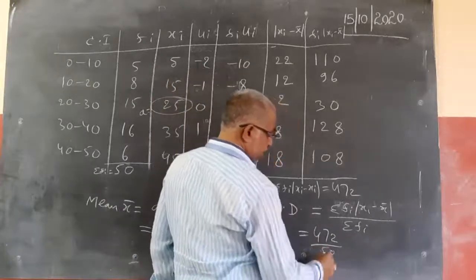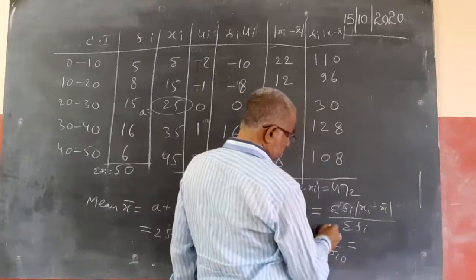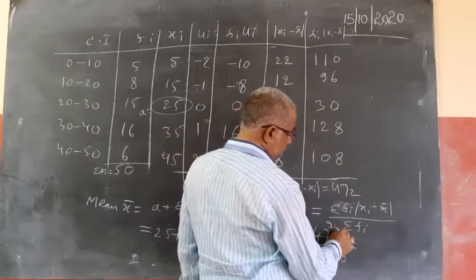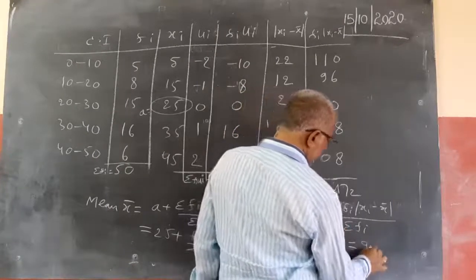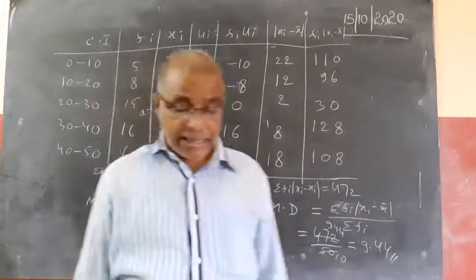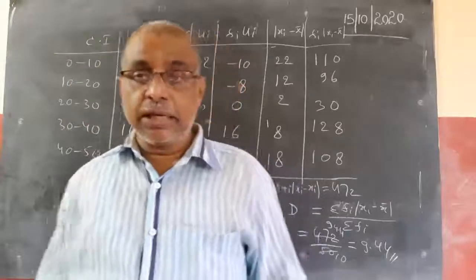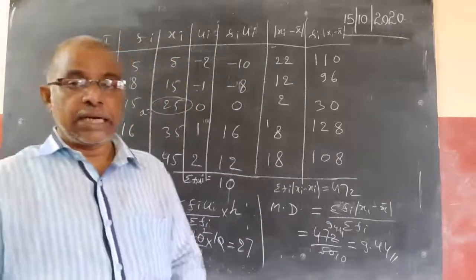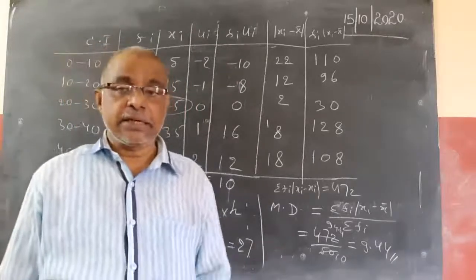So you get 9.44, which is the mean deviation about the mean. Like this we calculate the mean deviation about the mean if the class interval is given.